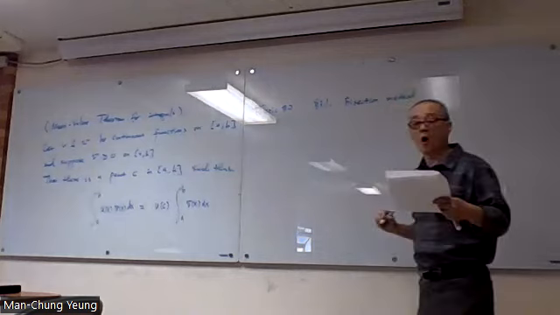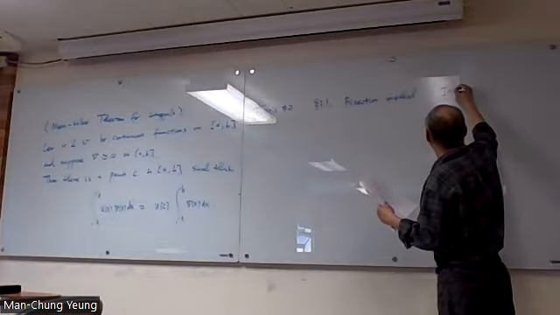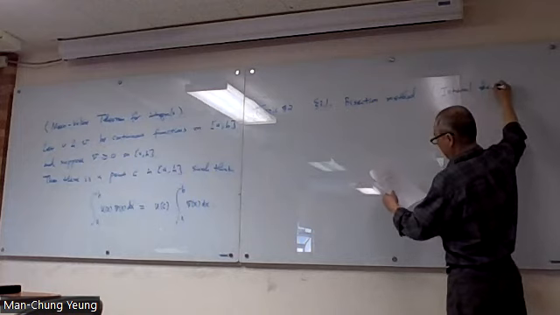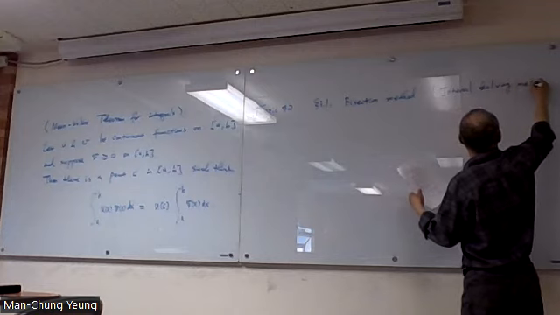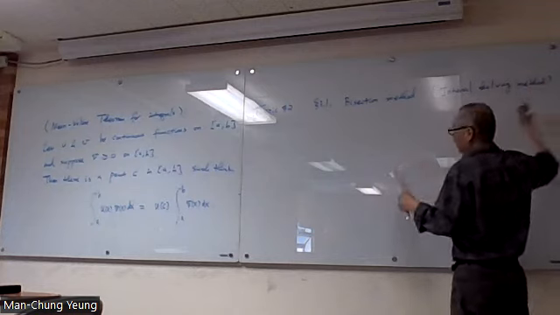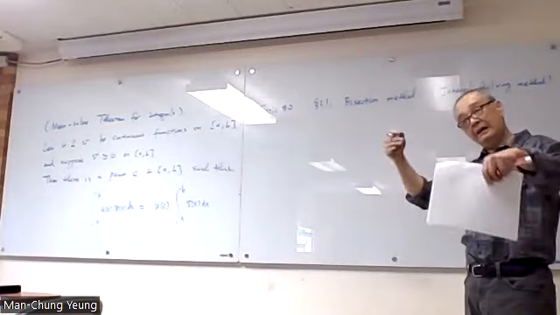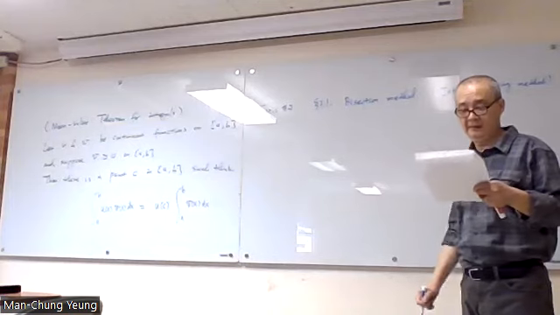We also call it the interval halving method. It is because this method at each step cuts the interval in half.